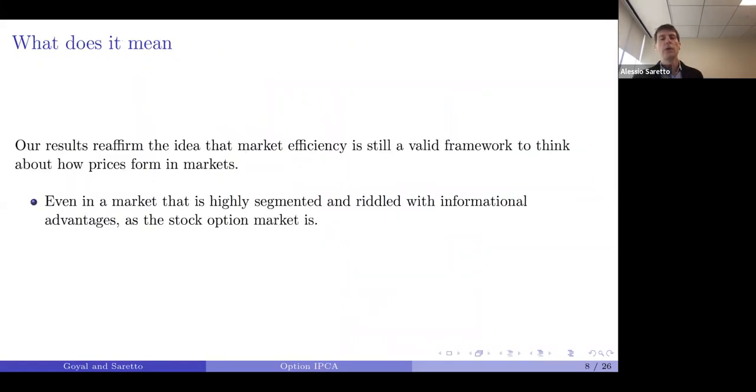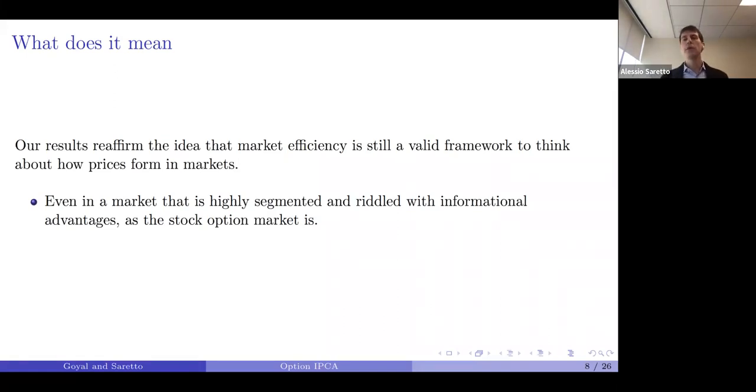So first of all, what does it mean? Well, there are many stories about why option returns are so large. There are many people in the audience that have written papers about liquidity and limits to arbitrage and that kind of story, which is perfectly acceptable.